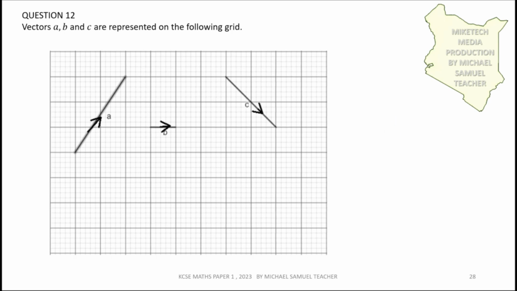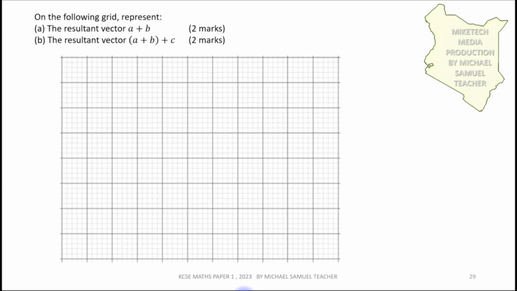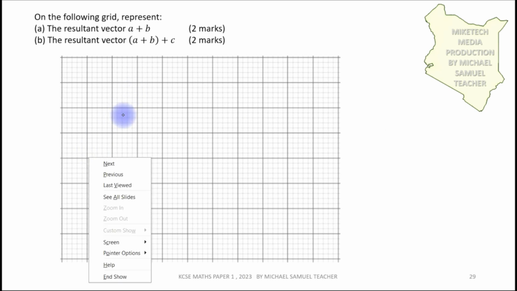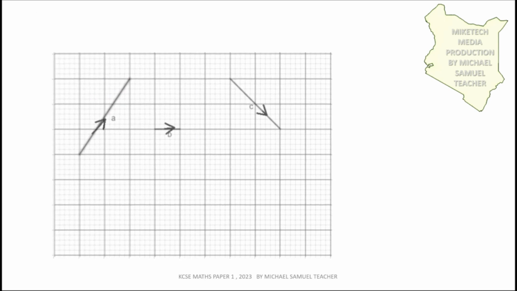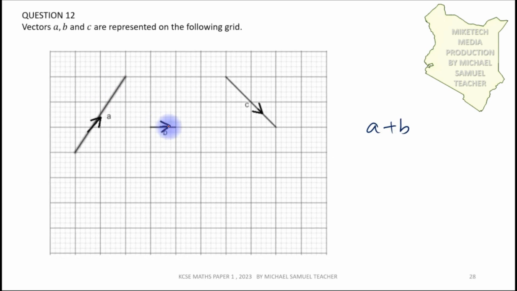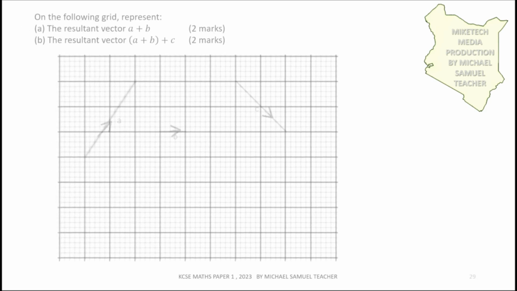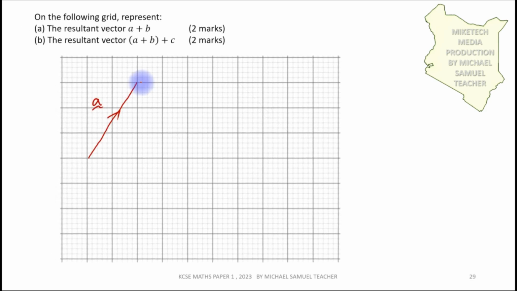Just to redraw, we have A from this particular point, that is vector A, then B from where we have A, so we have vector B.